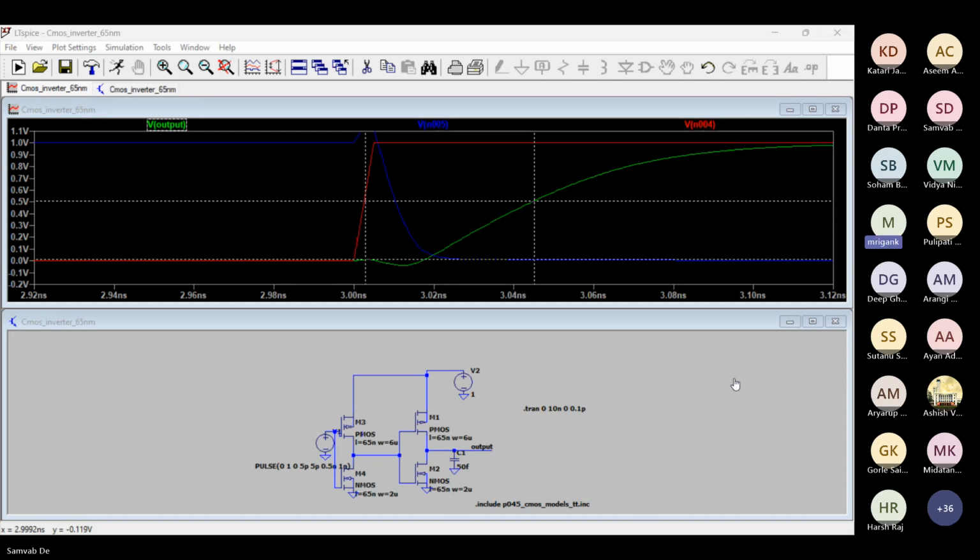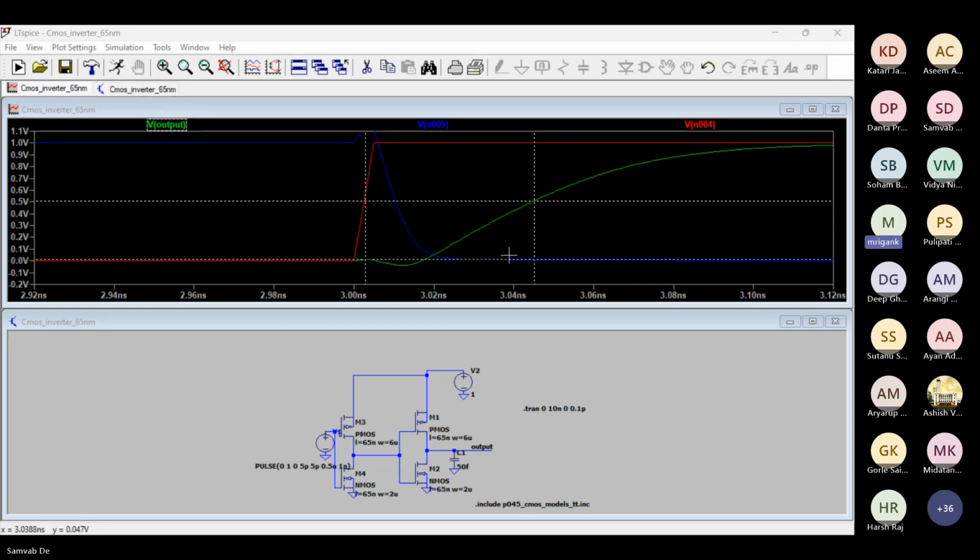Therefore, although you are going on reducing the R on by increasing the W, the C is also going on increasing. As a result, at a certain point of time, the R will reduce, but C will increase. As a result, it will cancel out the effect and will no longer give you higher speed. Speed improvement, rise time, fall time improvement will stop. Right? That phenomenon also we should be aware of.